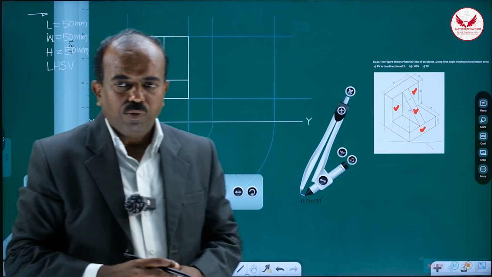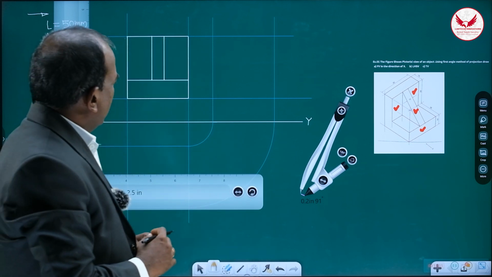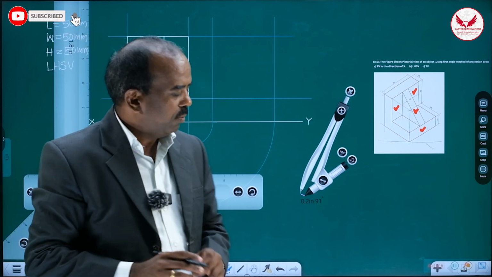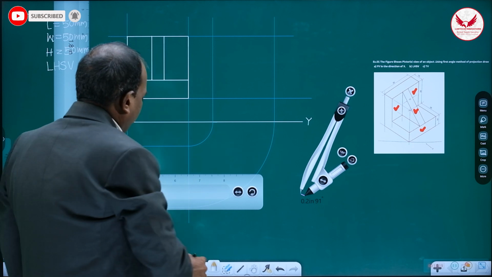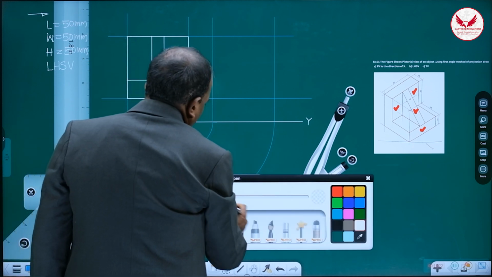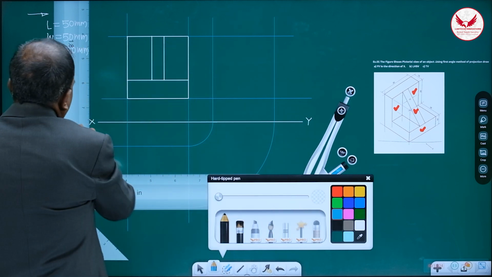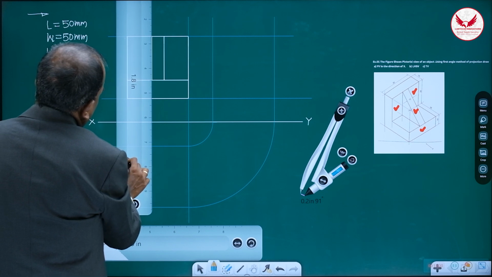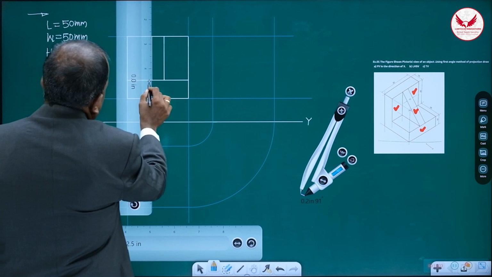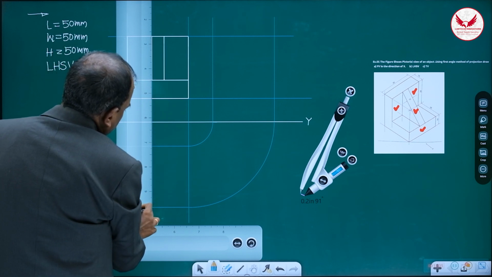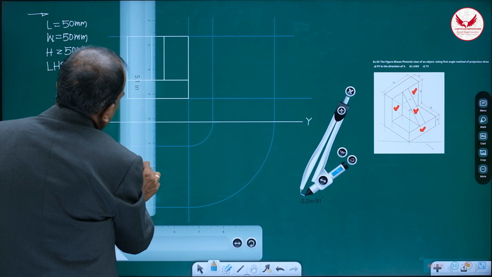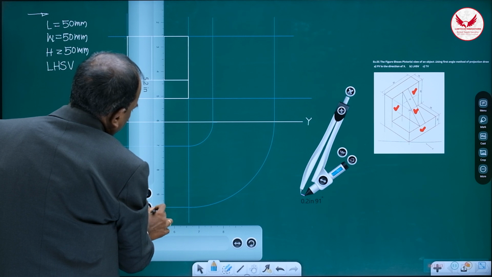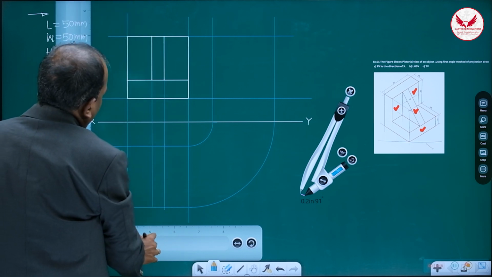Once we draw the front view, then we can use this front view for drawing the side view as well as the top view. From such a front view, I always suggest you immediately mark the vertical edges, vertical light lines like this. So these are the vertical lines.